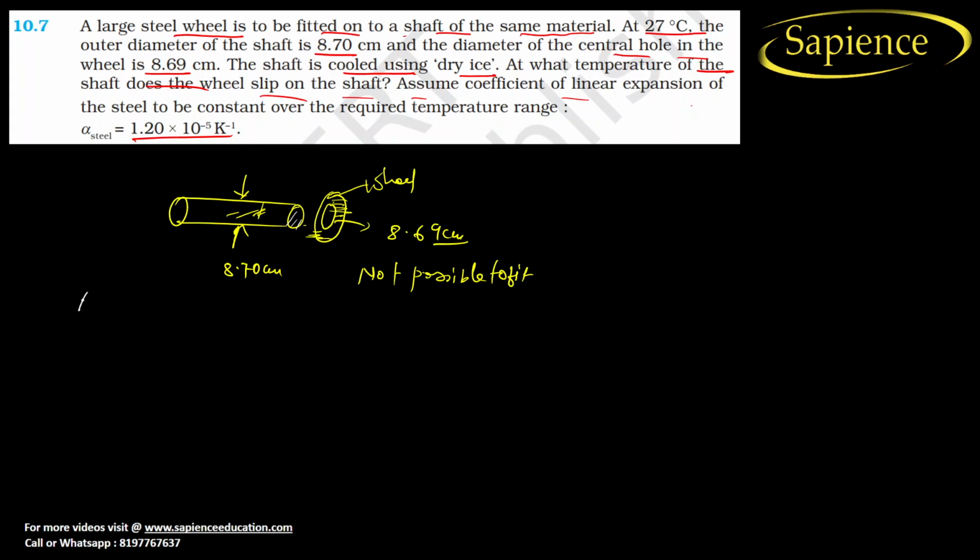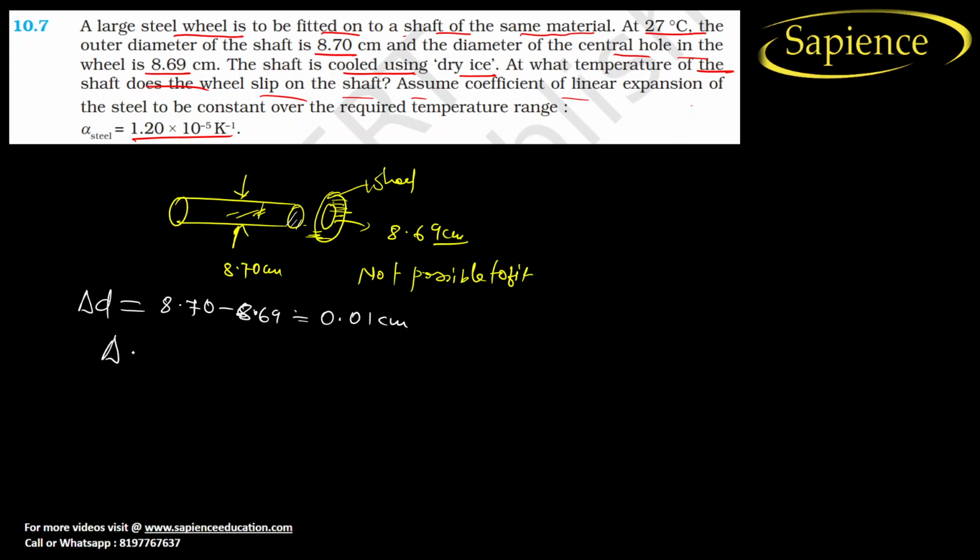So the change in diameter, delta d, is how much? It is 8.70 minus 8.69, so this will be 0.01 centimeter.